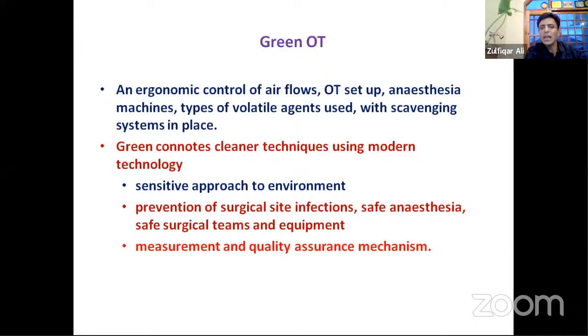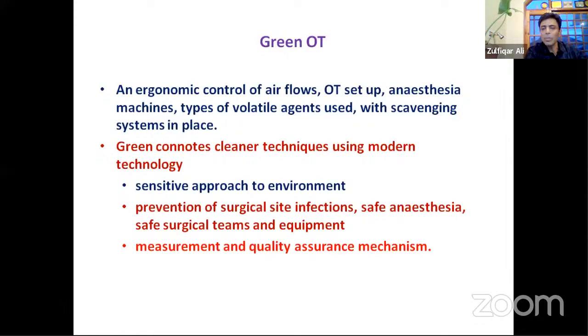We have an ideal OT setup where we use volatile agents in a proper way with a proper scavenging system in place, and once we use these systems, we have an ideal environment not only for the patient, but also for the surgical teams and the operating surgeon.